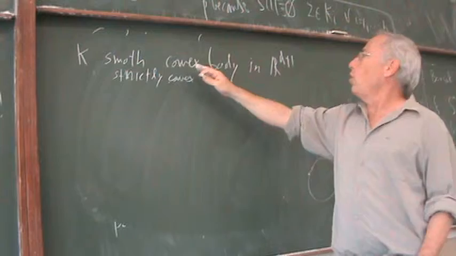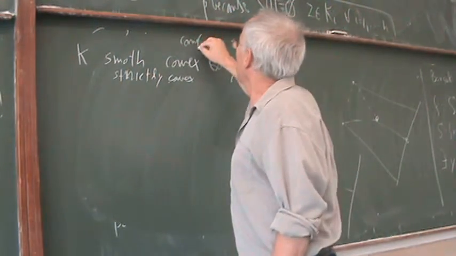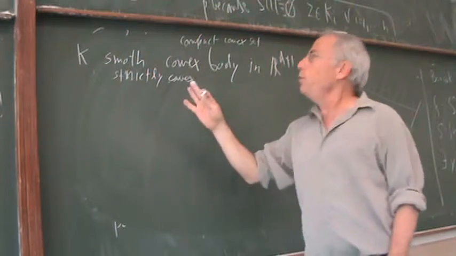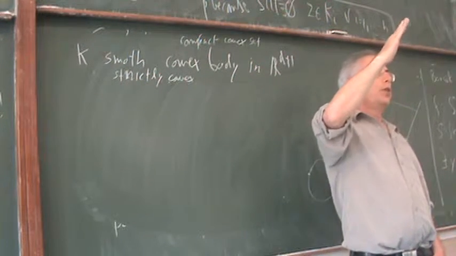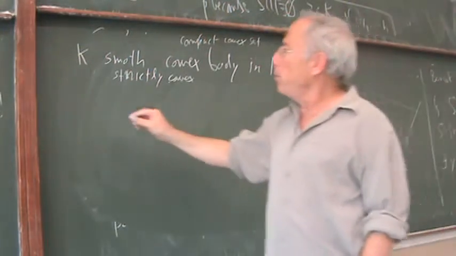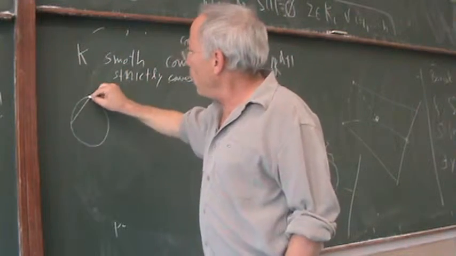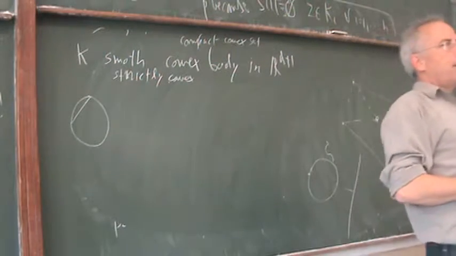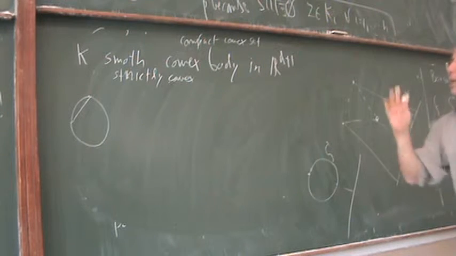Convex body means a compact convex set. Smooth means that at any point in the boundary there's only one supporting hyperplane. And strictly convex means that if you have 2 points in the boundary, then the interior of the line segment between them is in the interior of the set. I don't know if we even need strictly convex, but let's assume that.